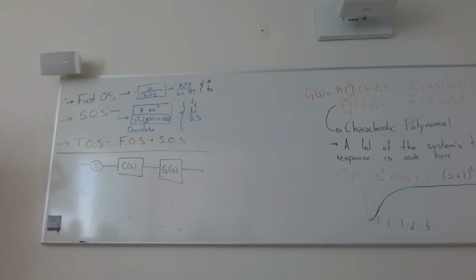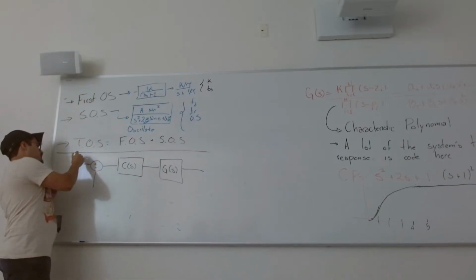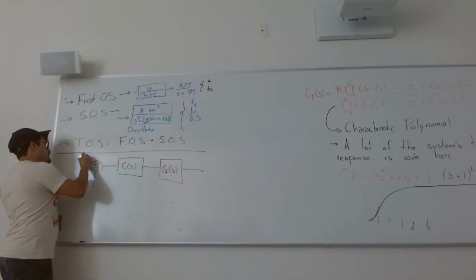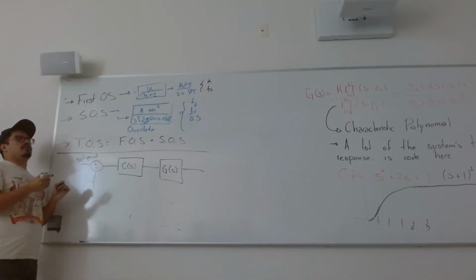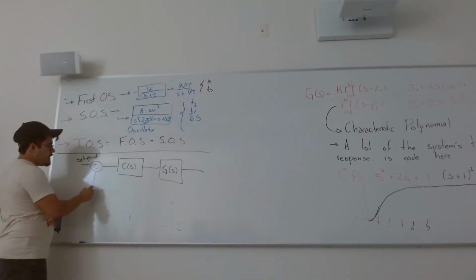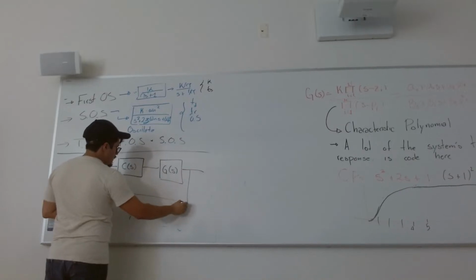But that doesn't guarantee that you are going to be getting the value you want. The only way you can check that you are getting the value you want is by making the comparison of the value you want, the set point, the reference value, what's another name? I think that those are more popular. Okay.